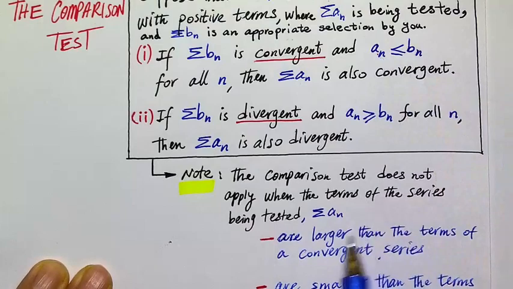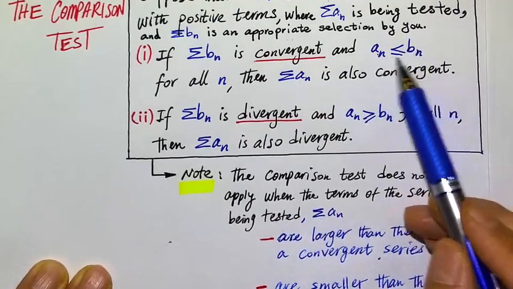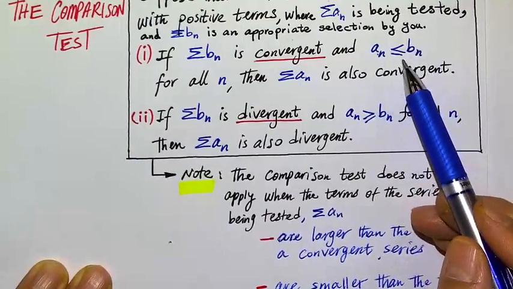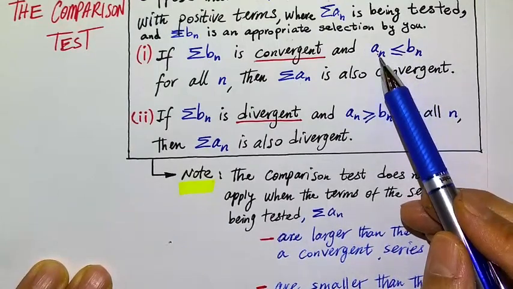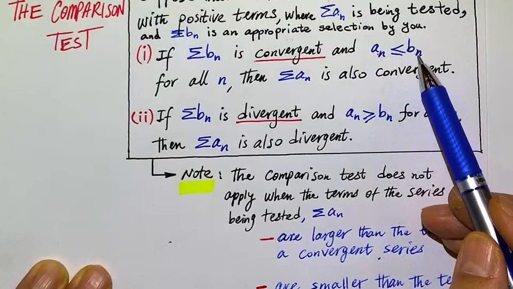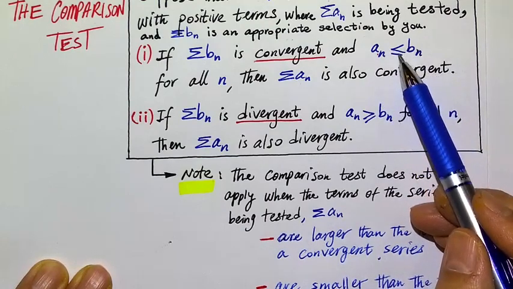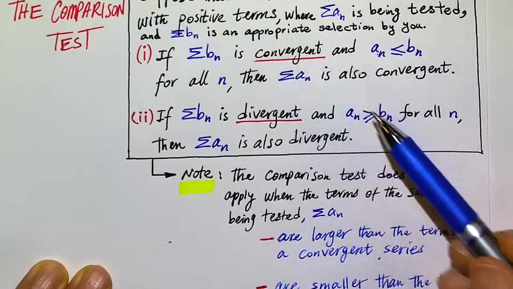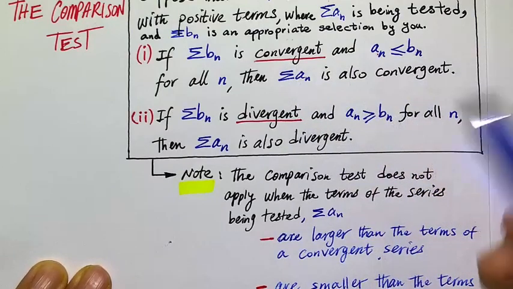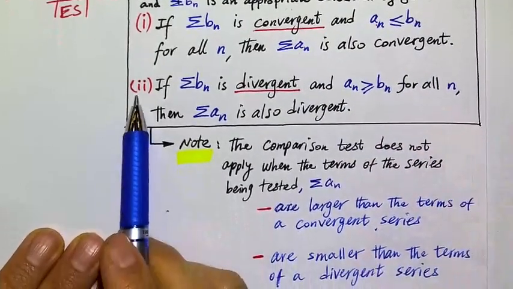The terms in the series we're testing should be smaller than the series that is converging. But if the terms are larger, the opposite of this, then the comparison test does not apply.